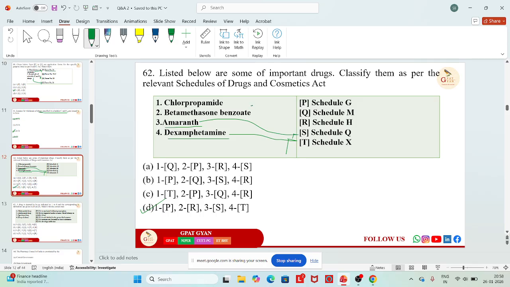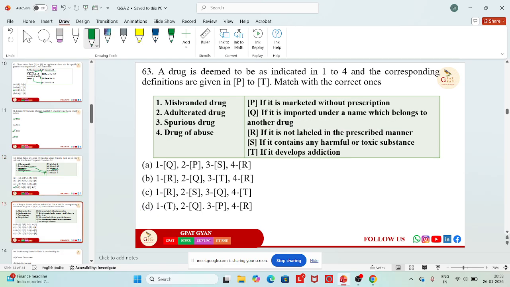And chlorpropamide is schedule G and betamethasone is schedule H. This is also a very easy answer. Ma'am, C will be.